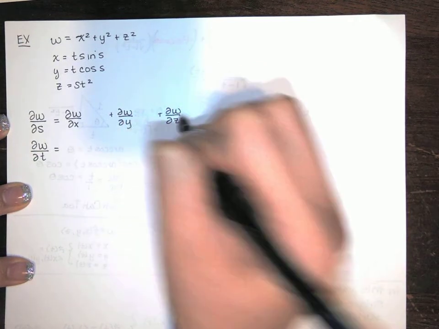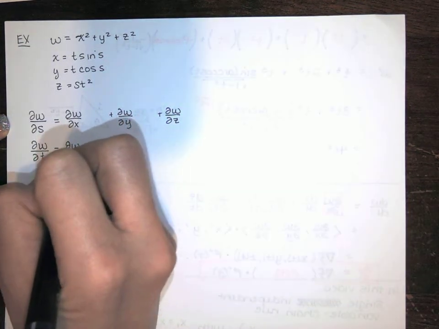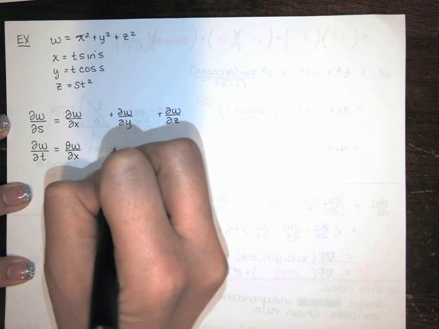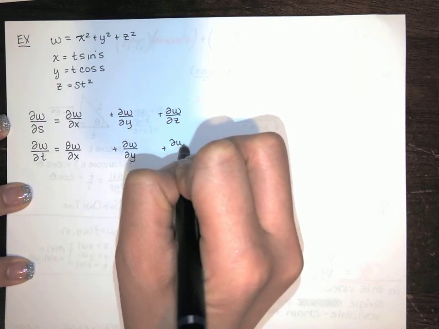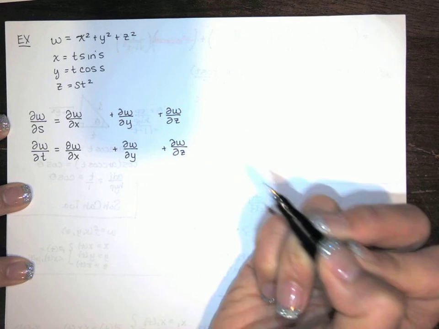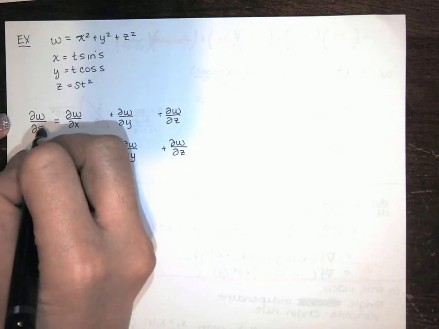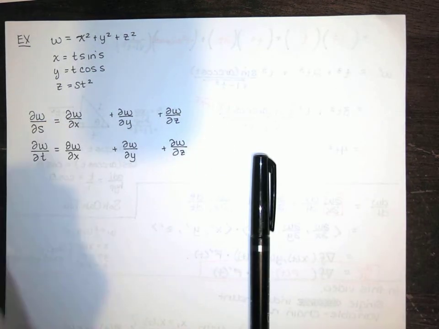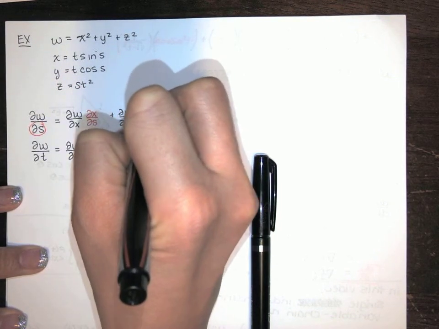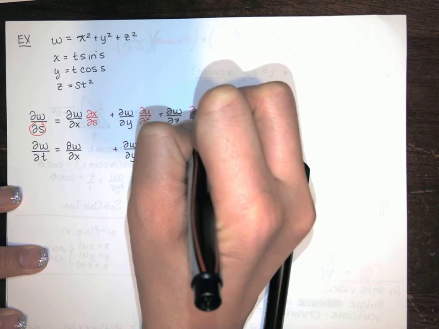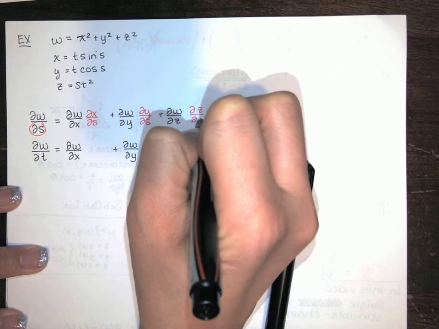So that's a gradient vector. Taking that gradient and I'm dotting it with another vector. Since I want derivatives with respect to s here, I want the partial of x with respect to s, and the partial of y with respect to s, and the partial of z with respect to s.